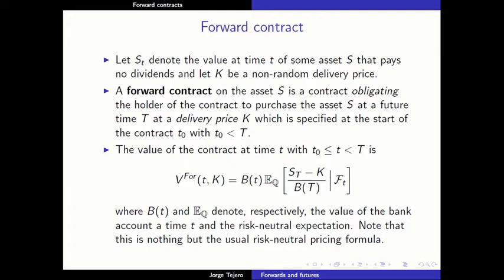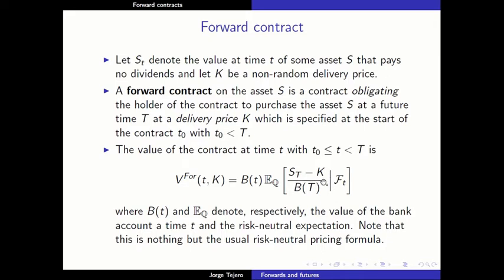At maturity, the payoff of the contract is given by the difference between the current price of the asset and the price at which we are forced to buy the asset. In this way, if the asset has a value greater than the price at which we can buy it, then our contract will have a positive value, equal to the difference between the market price and the price at which we are able to buy.